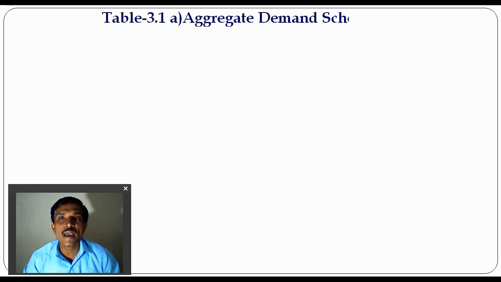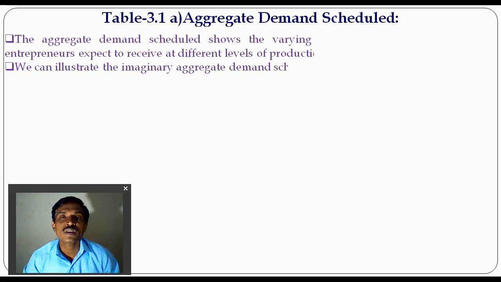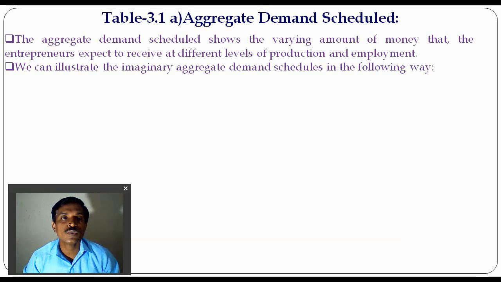Keynes also gave the aggregate demand schedule. The aggregate demand schedule shows the varying amount of money, the expenditure expected to be received at different levels of production and employment. So we see expected receipts at different levels of employment and production in this schedule.